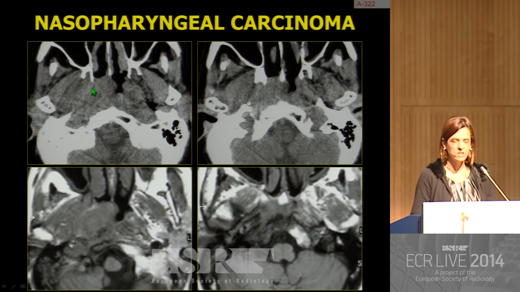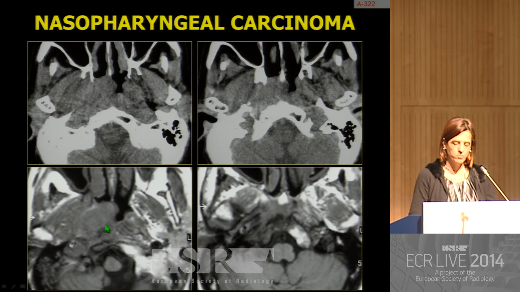As you know, these lesions tend to occur in the lateral wall of the nasopharynx, arising from the fossa of Rosenmuller, and then they tend to invade the skull base superiorly against the foramen lacerum and the petroclival fissure, and from there they have easy access to the jugular foramen and to the condylar canal of the hypoglossal nerve.